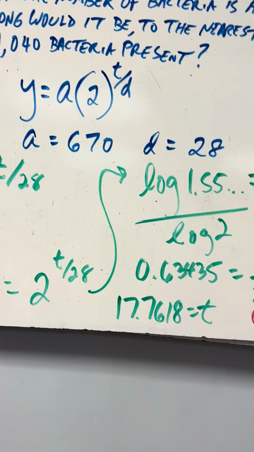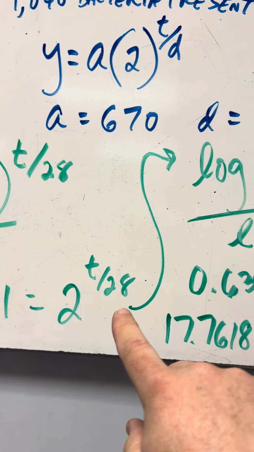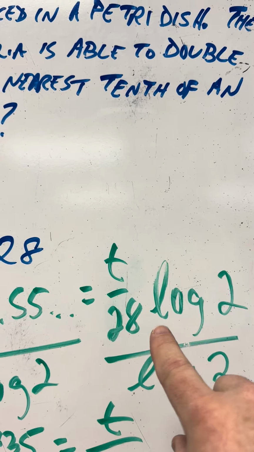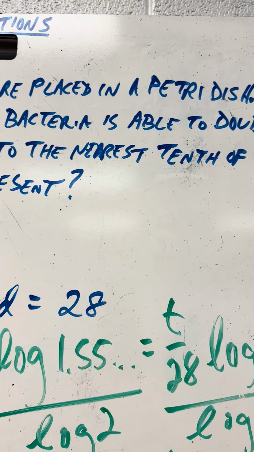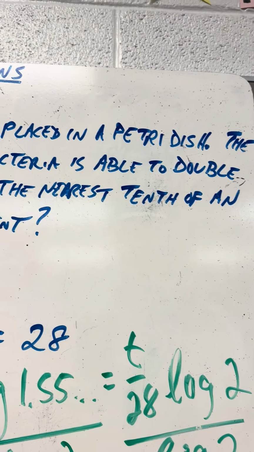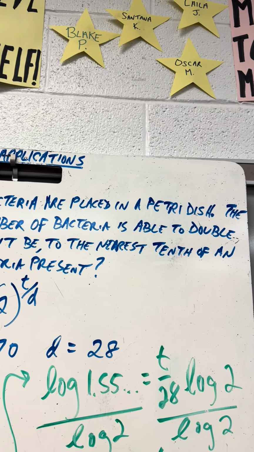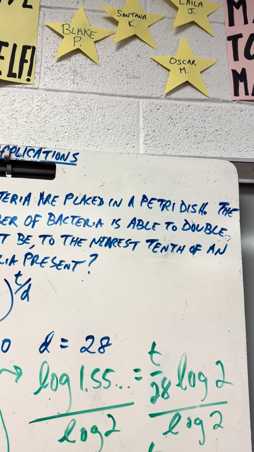So to log both sides, I'm going to move this T over 28 in front of the log, right? So this log 1.55, etc., equals T over 28 log 2. We're going to divide both sides by log 2.